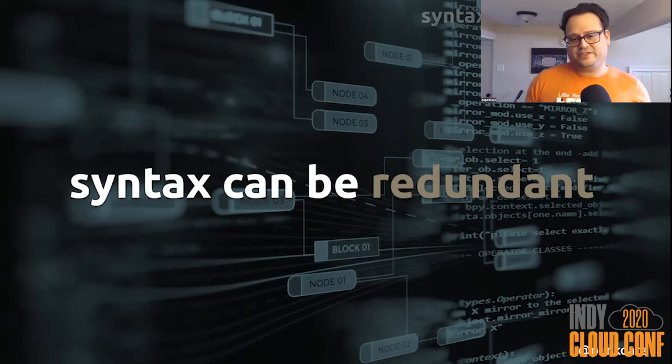Aside from anchors, there's no other reuse type effect in YAML. So the syntax starts becoming very redundant. What I mean by that is, if you're defining a pipeline, let's say you're defining a command to upload a file to AWS S3, and you need to change the file names.